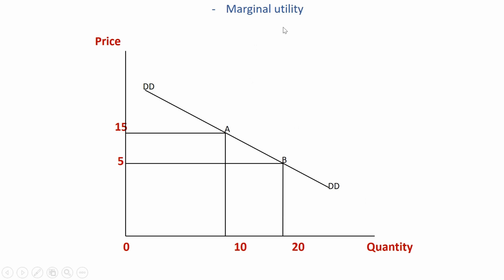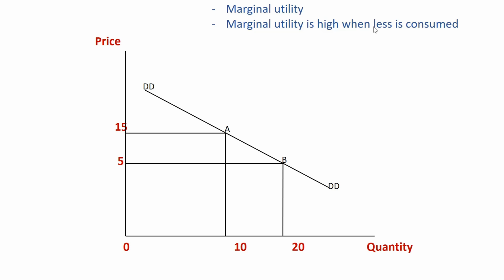And here we're going to consider the concept of marginal utility. Marginal utility is the extra satisfaction we derive from consuming an additional unit of a commodity. Now, what is important about this concept is that marginal utility is high when we consume less of a commodity.